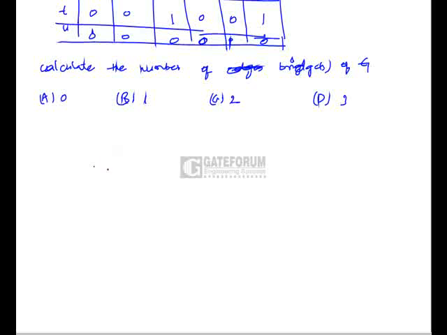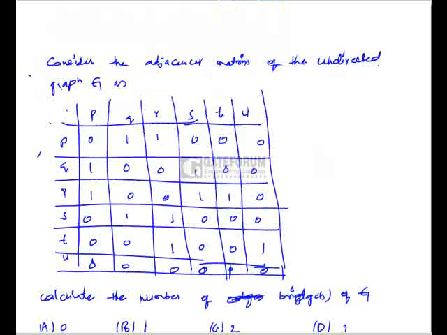So here the vertices are P, Q, R, S, T and U. Here the entry 1 indicates that there is an edge between those respective vertices.